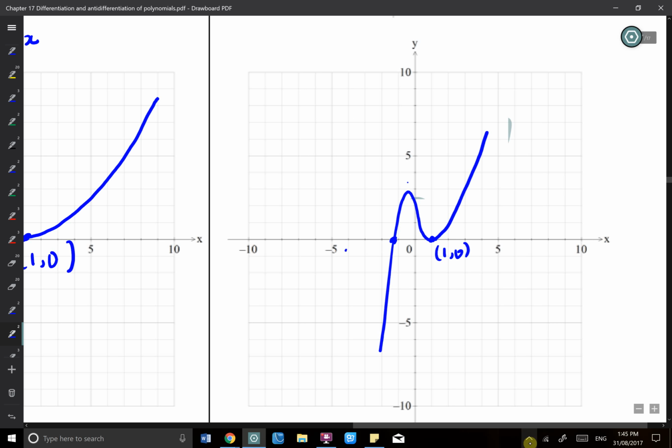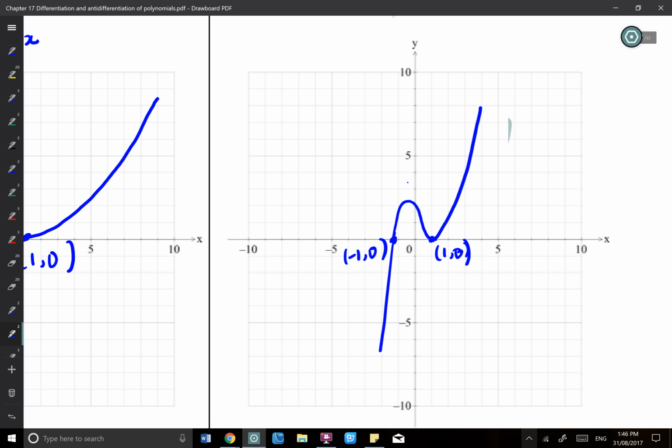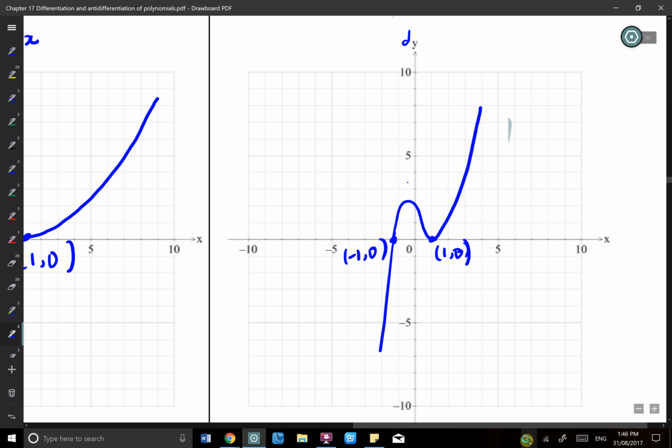So 1, 0 and -1, 0. Okay, that's how you sketch the gradient function, dy dx.